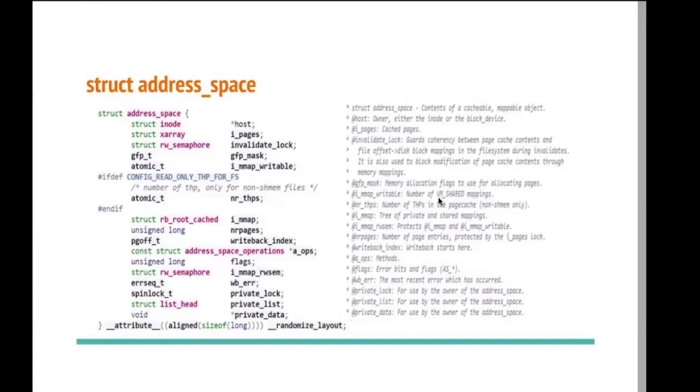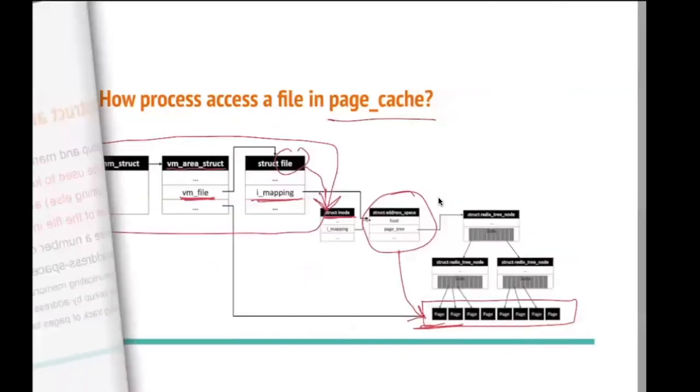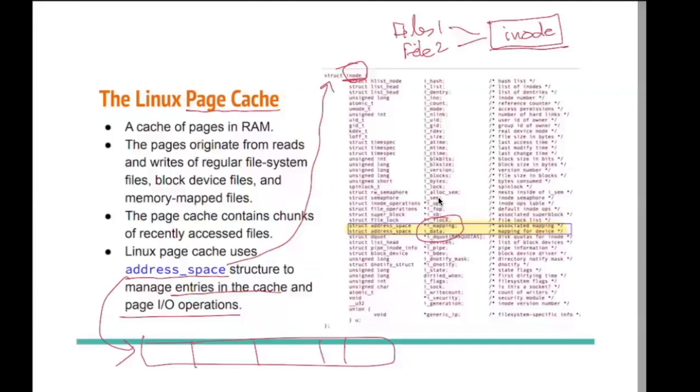If you see here, I will discuss the important variables only, not all the variables. This is an owner, like it can be an inode or it can be a block device. And this field tells us all the pages that are cached. And this structure tells us all the operations that the address space can support to manage the cache and manage the IO, as we have already discussed.